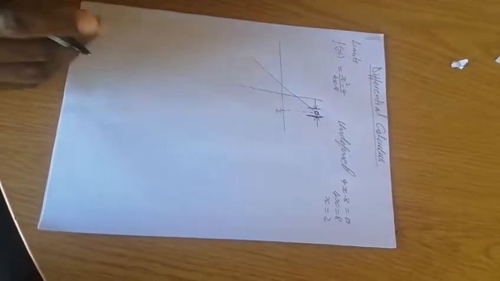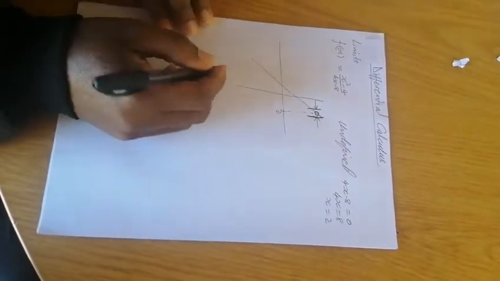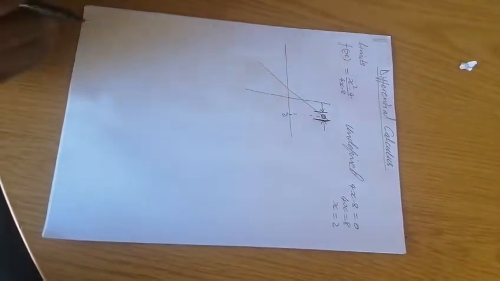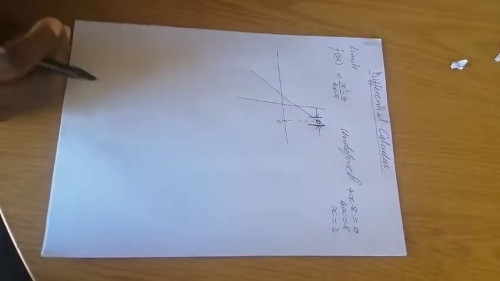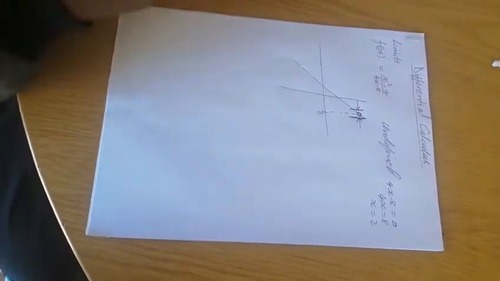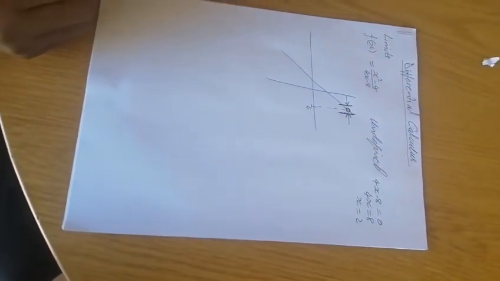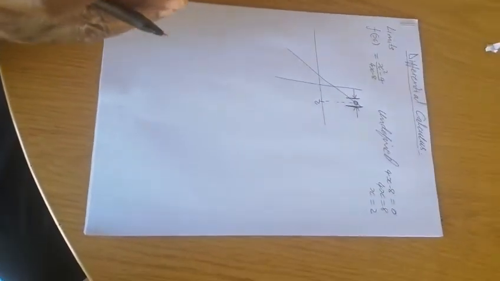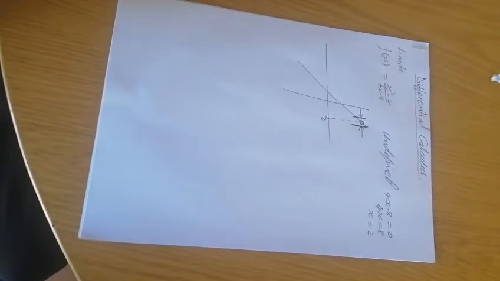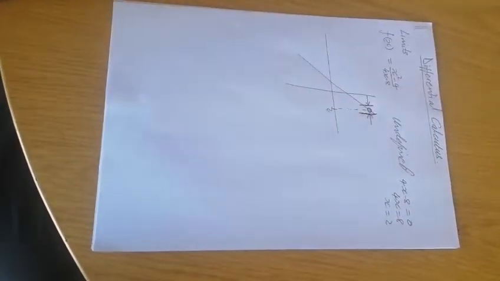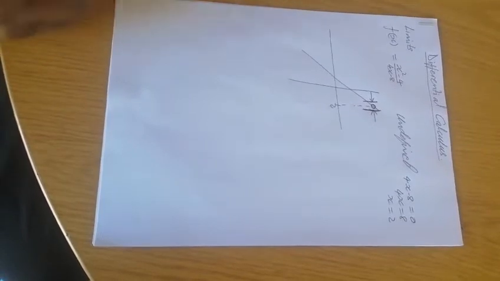So if we want to do that, we can draw a table and select values that we substitute, and those values must be to the left of 2 and to the right of 2. So if as we get closer to 2 from both sides, we approach the same number, then a limit exists at that point. Very, very important.